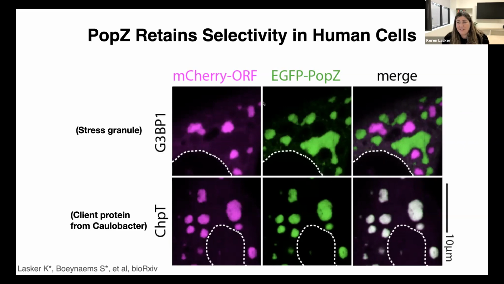And another good thing is that I'm going to show you very soon a series of mutations, and all of the material properties that we measured for those mutations in Caulobacter actually matched what we've seen in the U2OS cells, meaning that those really are intrinsic properties of the protein and can be used as an engineering tool.